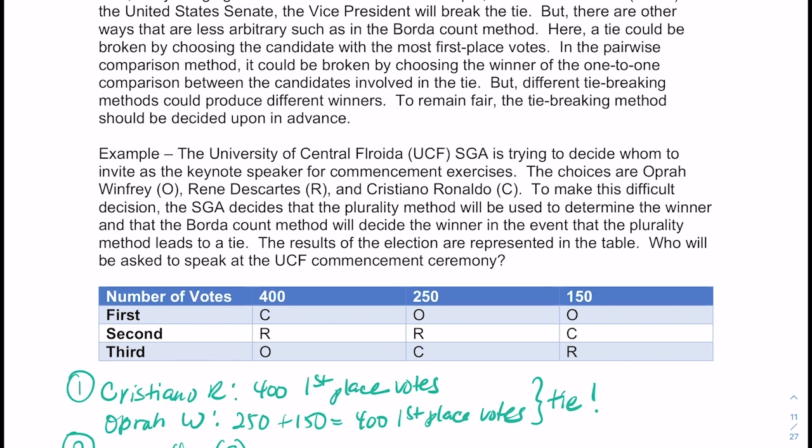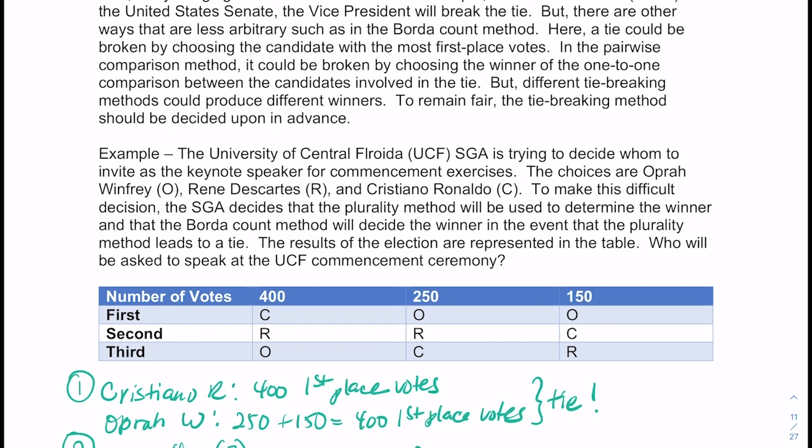And if we take a look at the second line, Cristiano got 150 second place votes, so we're going to take 150 and multiply that by 2. And then we're going to take how many third place votes he got, which was 250, and multiply that by 1. When you compute 400 times 3 plus 150 times 2 plus 250 times 1, it gives you 1,750 points.